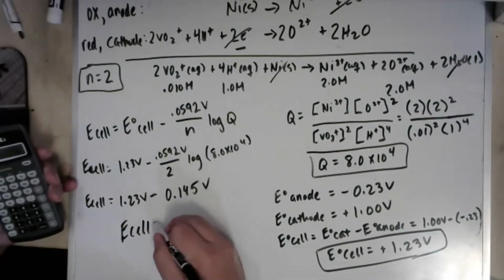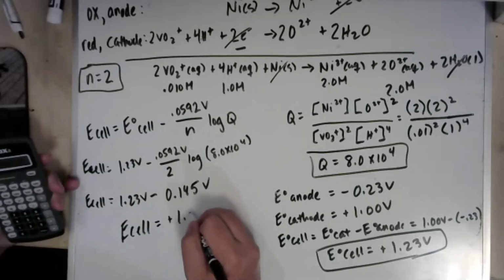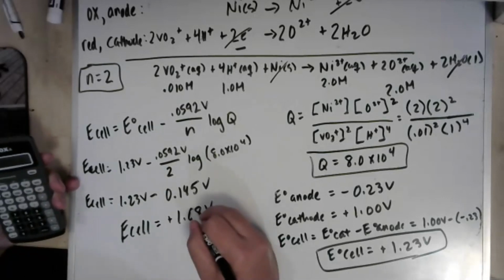So our new E cell value is going to be positive 1.08 volts.